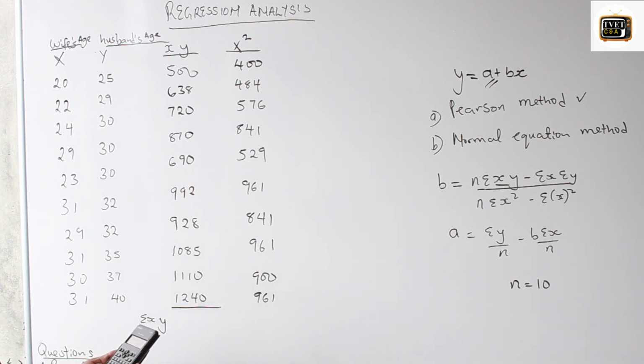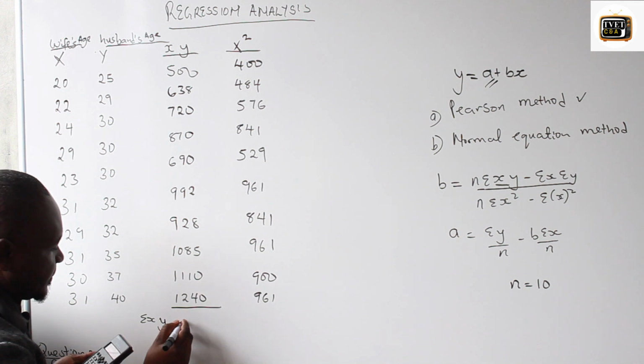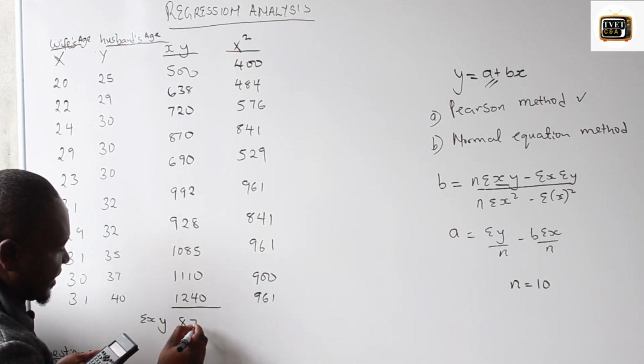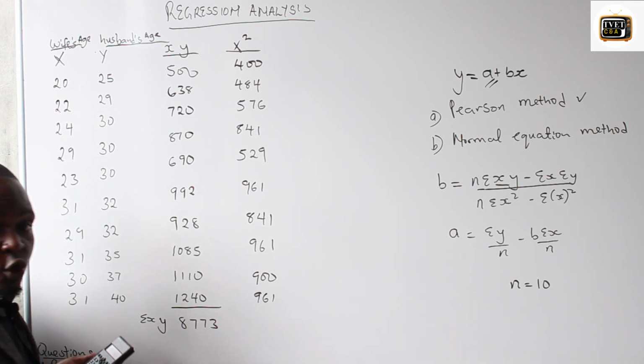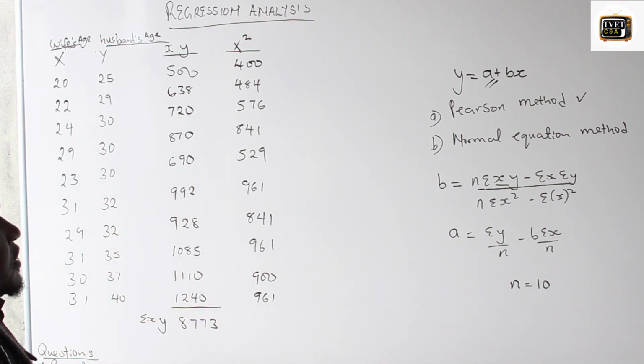What do you get with the calculator? It's 8,773.